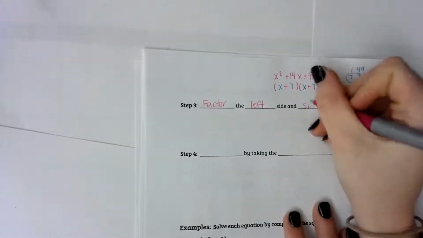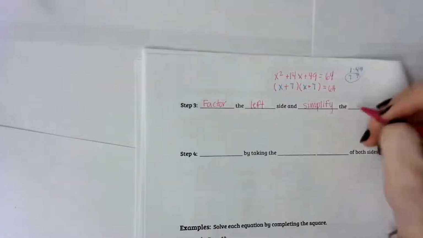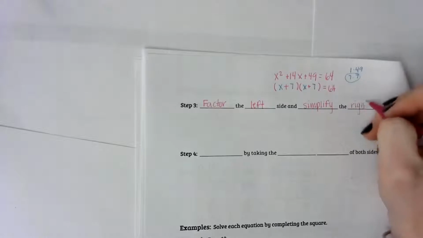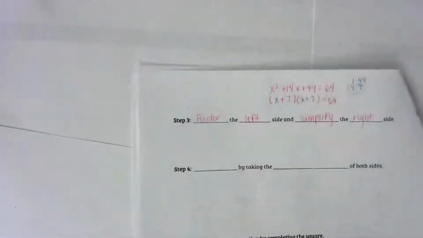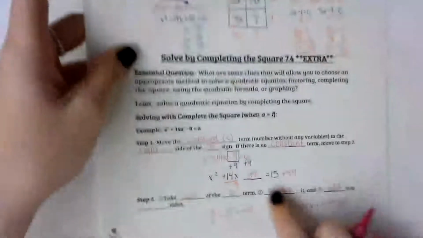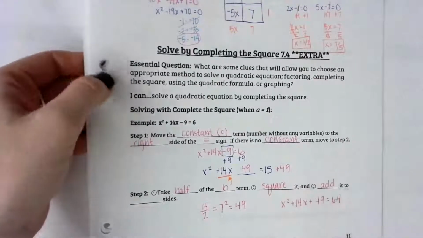And simplify the right side. So we actually already did that. The simplifying the right side was when we added the 15 and the 49 together. So we had actually already done that.